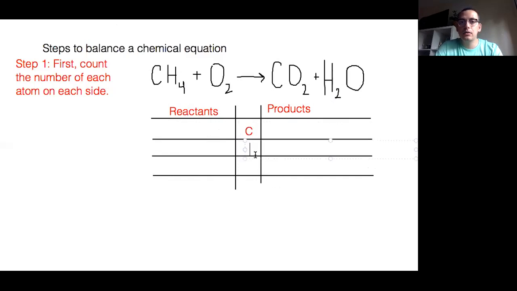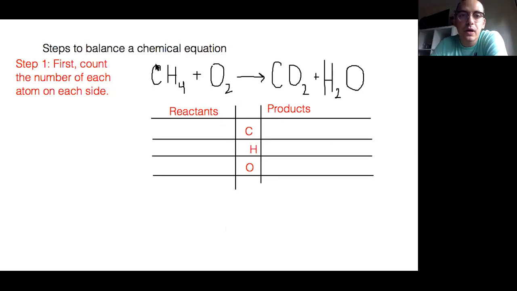We've got H, and we've got O. These are the 3 atoms present on both sides. So in order to count both sides, I'll do this in red to show that it's the first step.